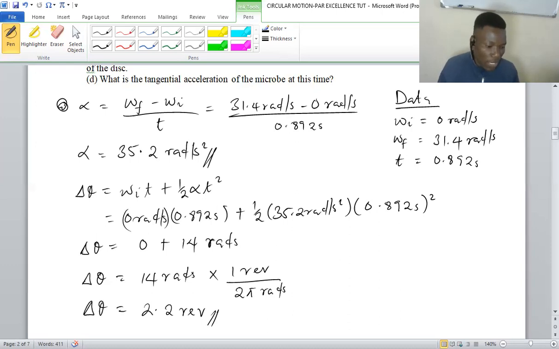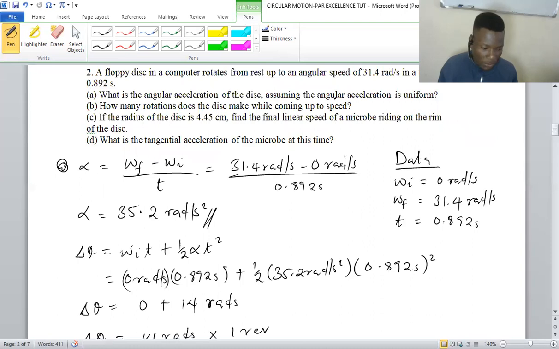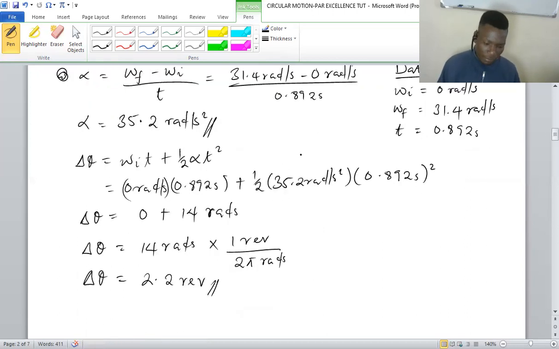Okay, and then we also go to C. It says, if the radius of the disk is 4.45 centimeter, find the final linear speed of a microbe riding on the rim of the disk. Here we have to remember the relationship between the linear motion and the rotational motion. Because there we have the radius.